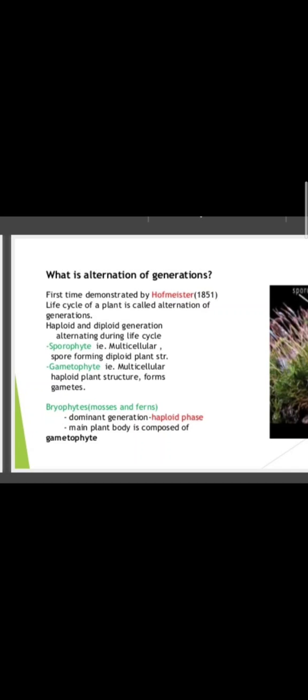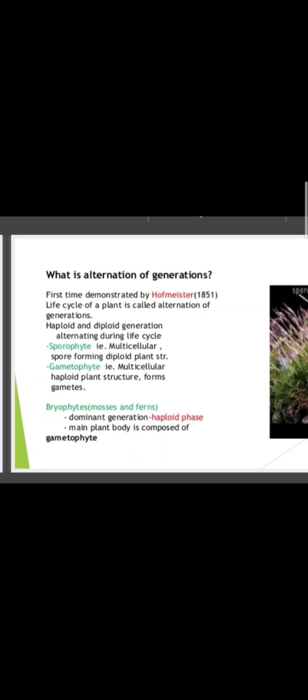There are two types of plant bodies, the sporophytic plant body and the gametophytic plant body. The sporophytic plant body of bryophytes is a multicellular, spore-forming diploid plant structure. This is written in short.